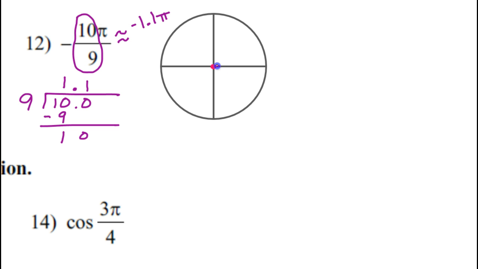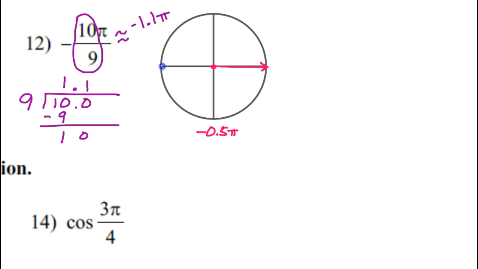So here is our initial side, as always, the positive x-axis. This is a negative angle, which means we will move in the clockwise direction. If I were to stop here, this would be negative half of a pi. Okay, so I got to keep going until I get to negative 1.1.